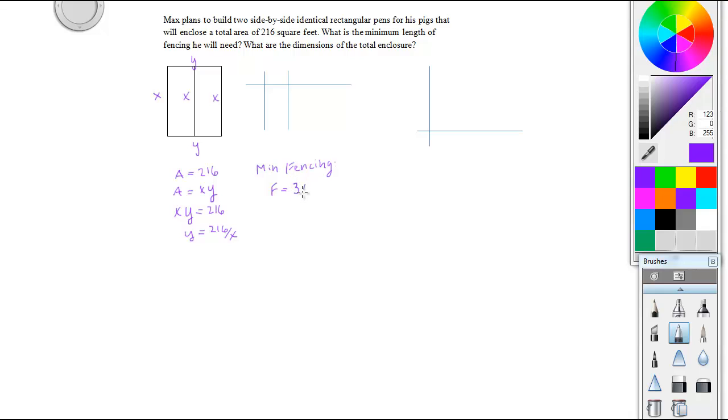So in that figure there are 3 x's plus 2 y's, and fencing as a function of x is going to be 3 x's plus 2 times whatever y is, and y is 216 over x. So this is the function that we want to find the minimum of. I'm going to clean it up a little: 3x plus 2 times 216, which is 432, divided by x.